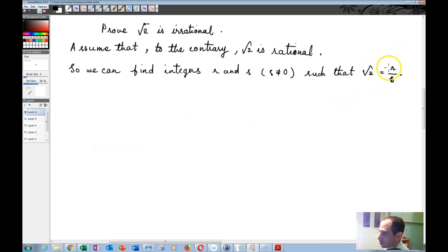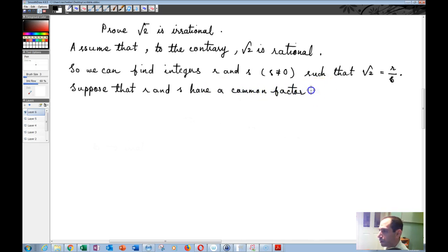Okay, so anyway, we have basically R and S. Now here we say suppose that R and S have a common factor other than 1, meaning that they are not coprime.